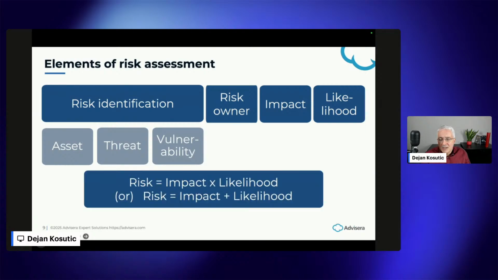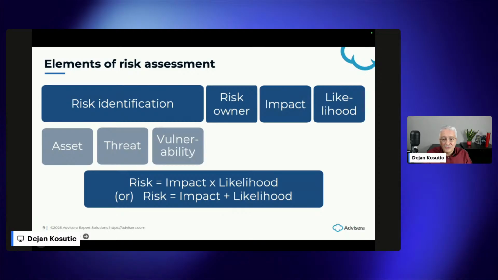And then the fifth element that is mandatory is that you have to determine the level of risk. The standard doesn't say how you calculate this or how you determine this, but the most common way to calculate the level of risk is to multiply impact and likelihood. So let's say that your level of impact is 3 and your level of likelihood is 4. 3 times 4, this is 12.